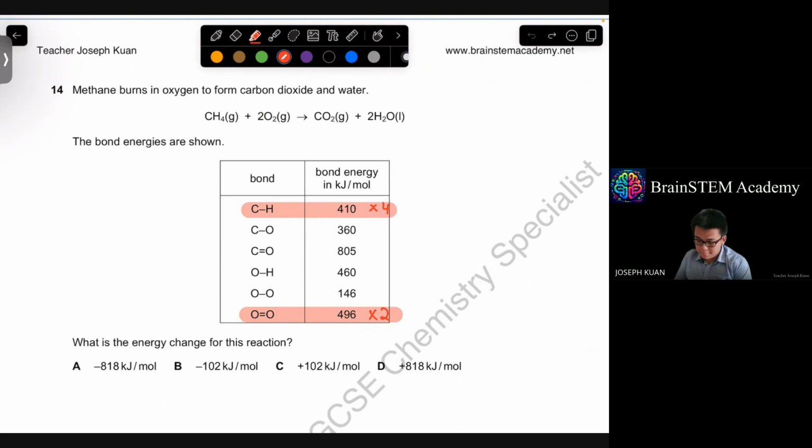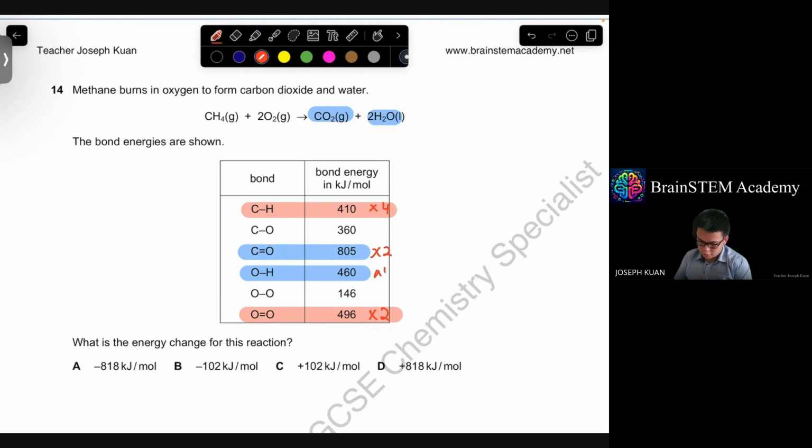There's 2 sets of them. And then we form bonds. So 2 carbon-oxygen double bonds. Wait, no, this one has 1, so we times 2 only. Then we have 2 sets of water, which contains 4 O-H.